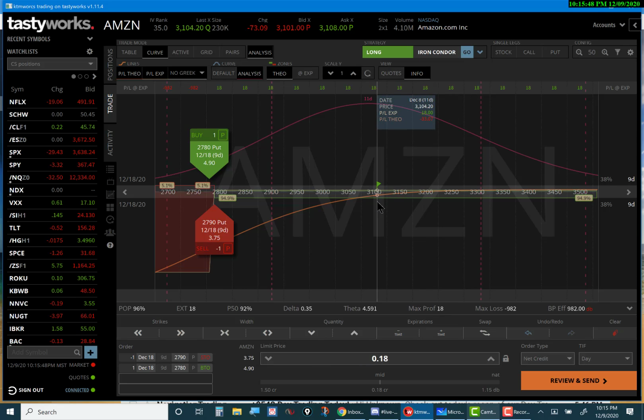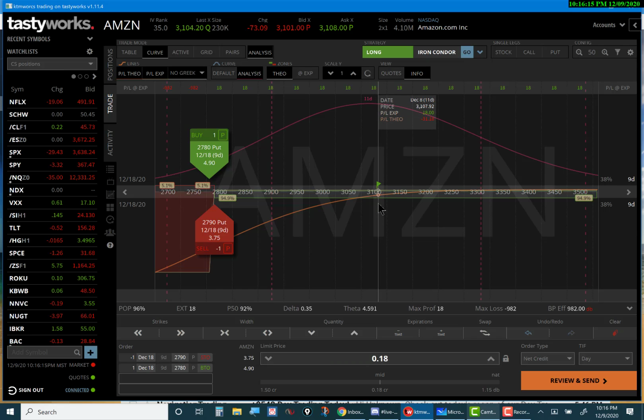Guys, look at that trade right off the bat. I don't know if you can see those numbers there on the theoretical profit and loss. This trade will open at a 2 times loss. The very second you open this trade, you're down 200% on your trade because there's such little credit there to offset that.